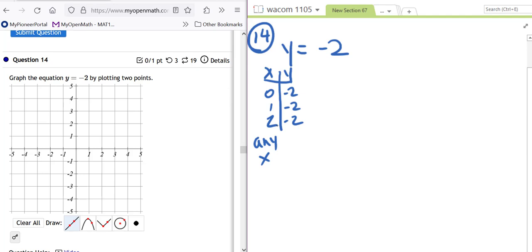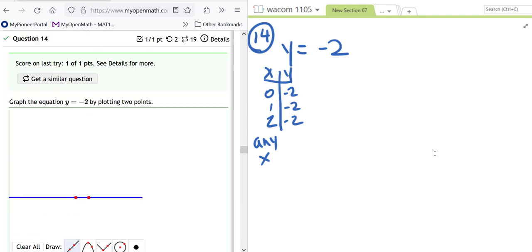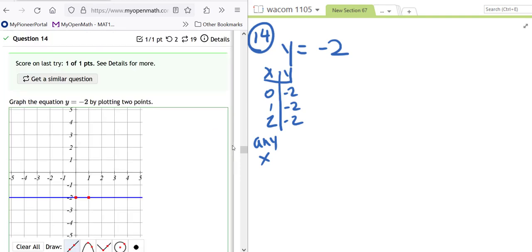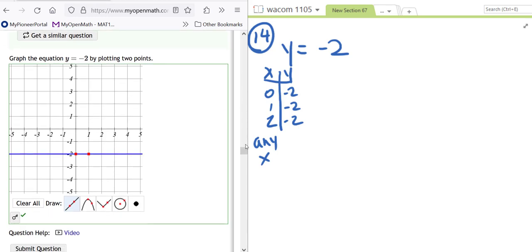You can only plot 2 of them. All right. So line tool, 0, negative 2, and 1, negative 2. So I was just going to show you, but I actually did it all.